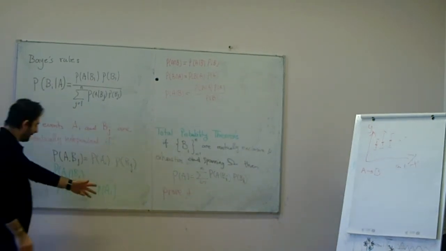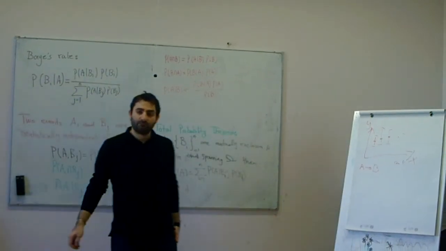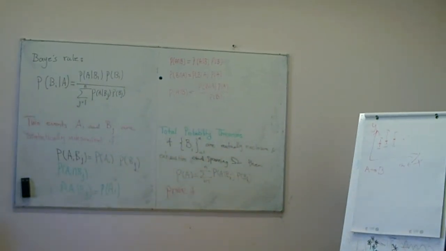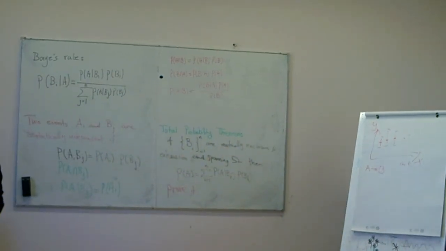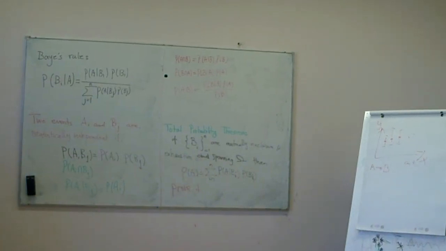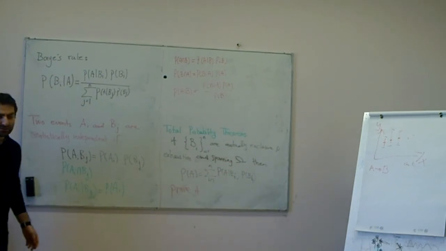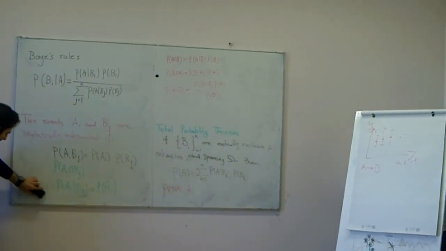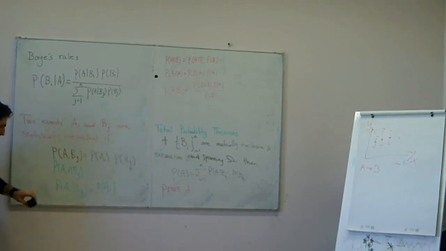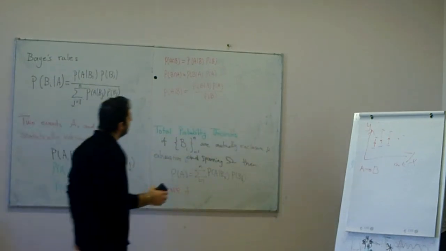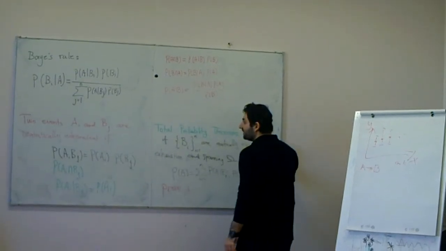Because the occurrence of Ai is independent from Bj. We also talked about random variables and cumulative distribution functions. I will do one example. I will write a question and I want you to do it. But before that, do we have any question?